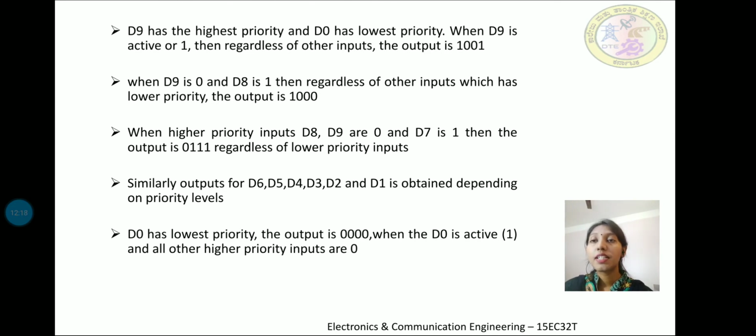Similarly, for D6, D5, D4, D3, D2 and D1, the output codes for the decimal digits are obtained when the inputs having higher priority than these digits are 0 and the corresponding digit is high. So the output 0000 is obtained only when the decimal digit D0 is active and all the other higher priority inputs are equal to 0.